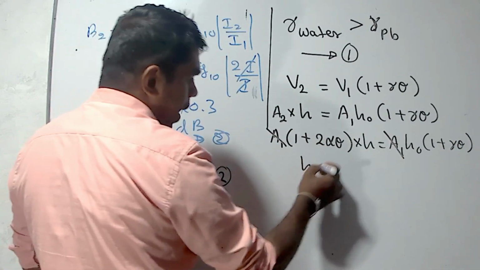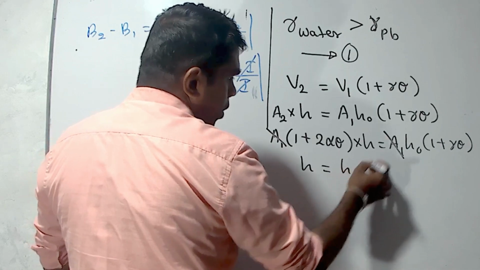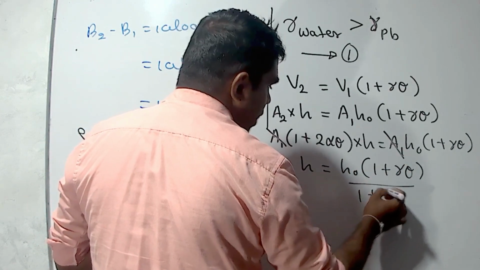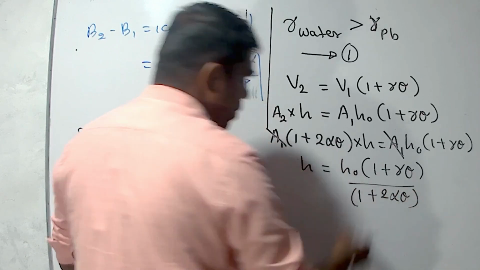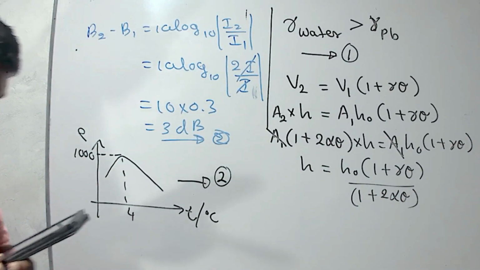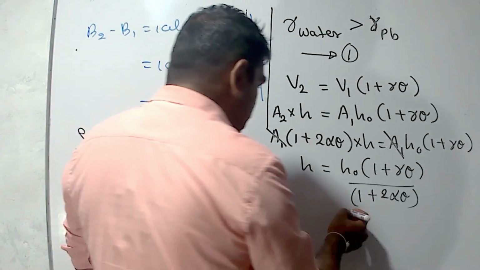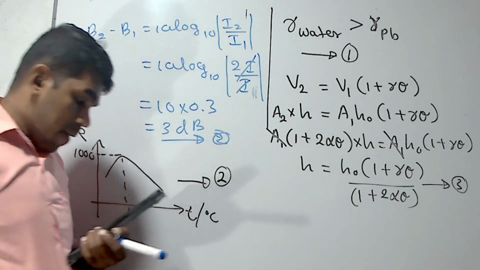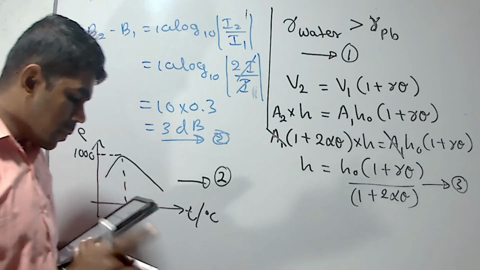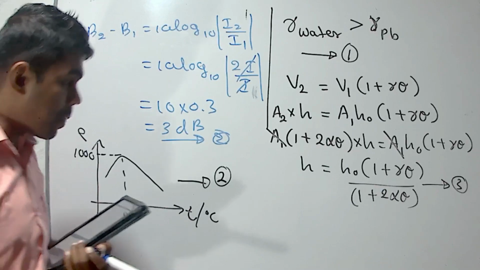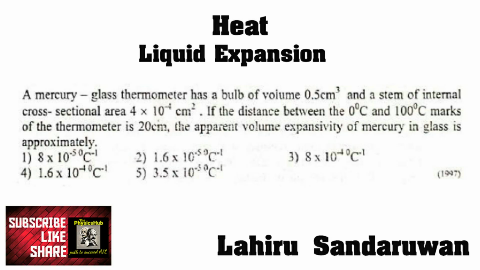We get H equal to H naught into 1 plus gamma theta divided by 1 plus 2 alpha theta. Then the answer is 3. But in the third answer, there is a printing mistake. They have given 1 plus lambda gamma theta. It should be 1 plus gamma theta in this case.